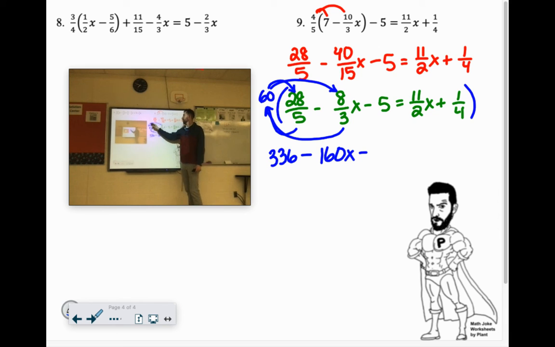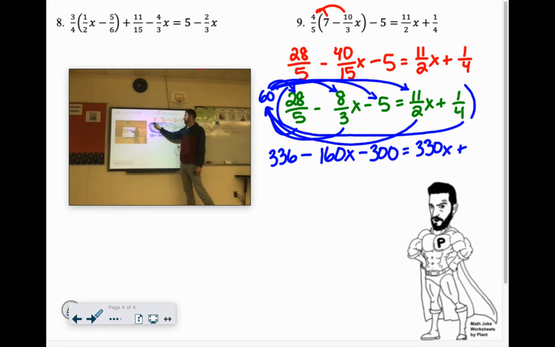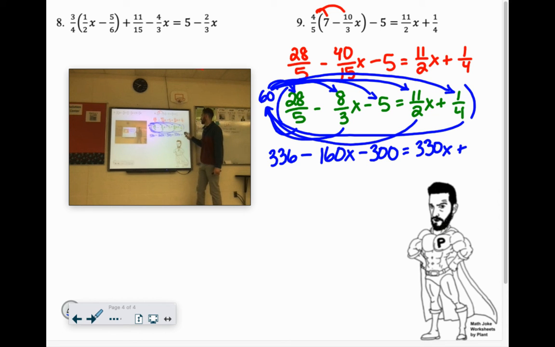Minus, this isn't written as a fraction, so we can just do 60 times 5. 6 times 5 is 30, so 60 times 5 would be 300. 2 goes into 60 30 times, and 30 times 11 would be 330. X plus 4 goes into 60 15 times, and 15 times 1 is 15.